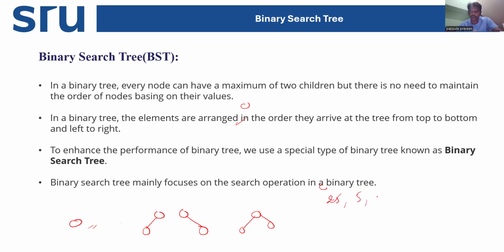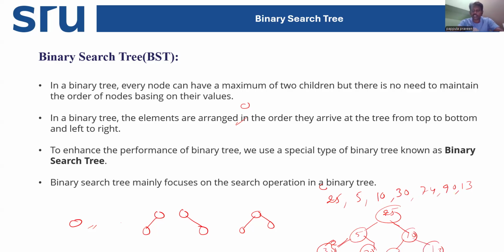25, 5, 10, 30, 74, 90, and 13. We assume 25 is the root node, 5 is the left child, 10 is the right child, 30 is the left child of 5, 74 is the right child of 5, then 90 and 13.